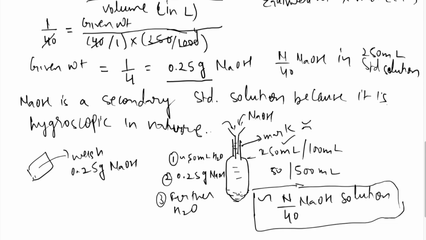Why? Because NaOH is available in the form of pellets, and you add a complete pellet, so it can be a little higher also. That is why, after getting this solution, we are supposed to standardize it against an acid, a primary standard solution, to get the exact strength of this solution.